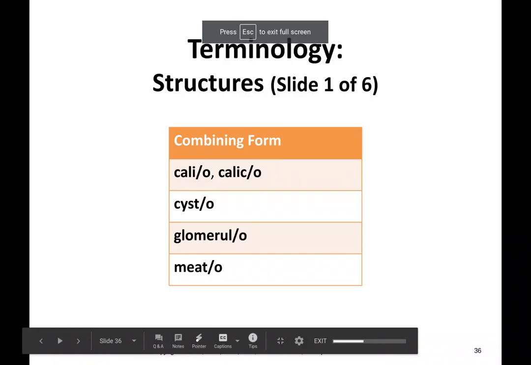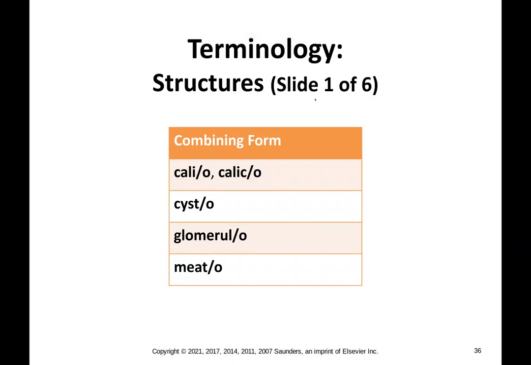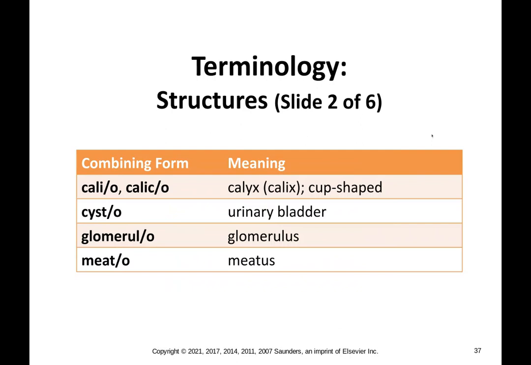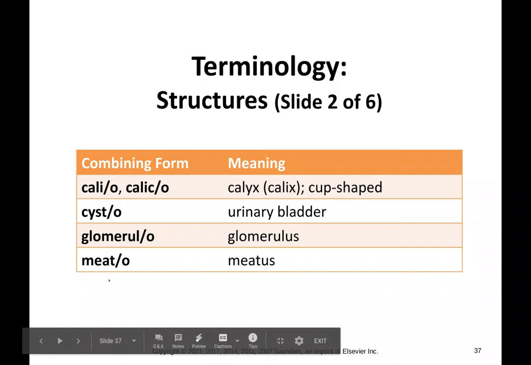Okay, so we'll go through some of the prefixes and terminology structures now. Calyco or calico, which is calyx, cup-shaped. Cysto, urinary bladder. Glomerulo, which is the glomerulus. Meato, for meatus.